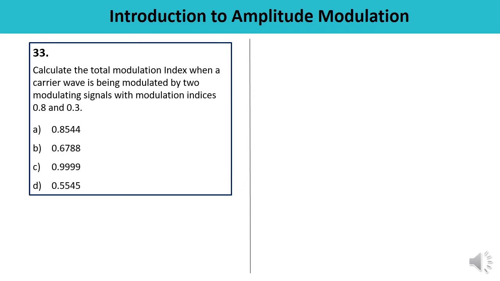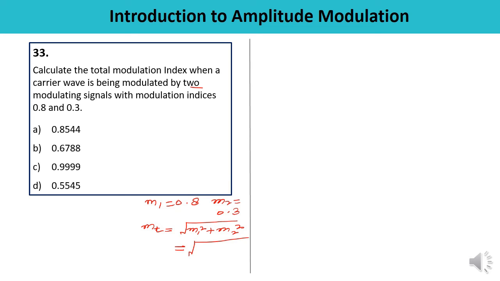Next question. Calculate the total modulation index when a carrier wave is being modulated by two modulating signals with modulation indices of 0.8 and 0.3. Here m1 is 0.8, m2 is 0.3. So total modulation index, the formula will be mT equals under root m1 square plus m2 square.